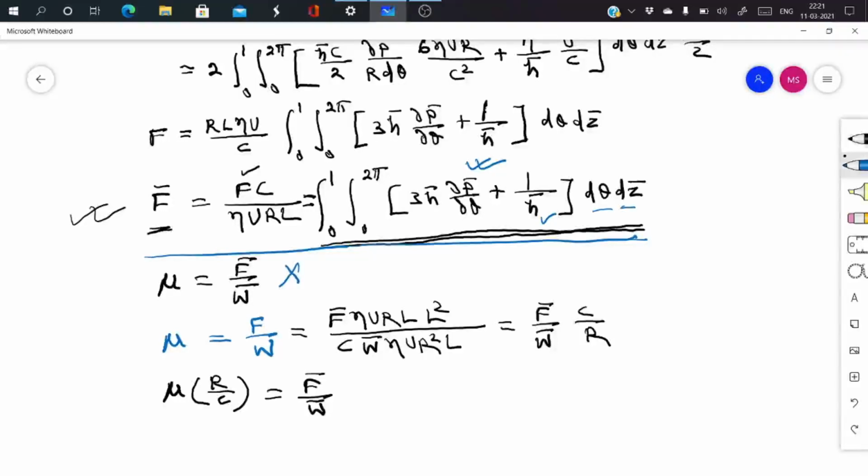So if you calculate the pressure and then the friction, all non-dimensional, and divide F bar by W bar, it will become mu R by C. Therefore we do not call it the coefficient of friction, we call it the friction parameter, because R by C is included here. If you know the ratio R by C, you can very well find out the actual coefficient of friction.